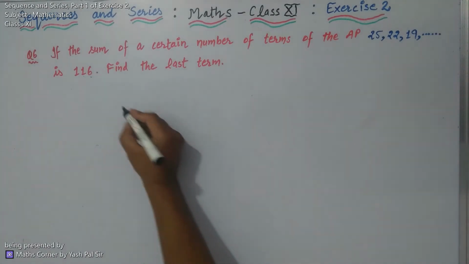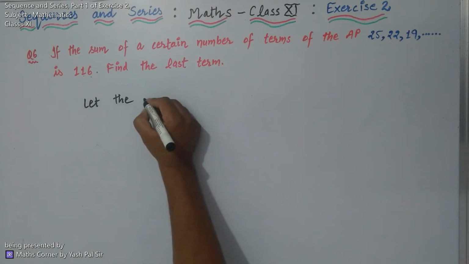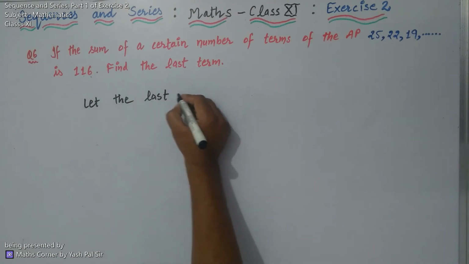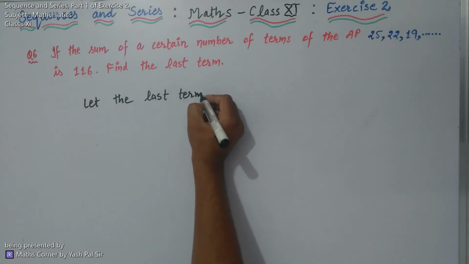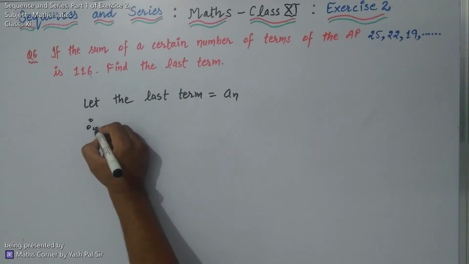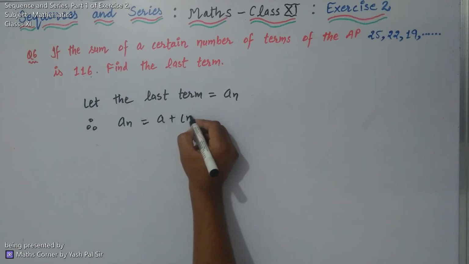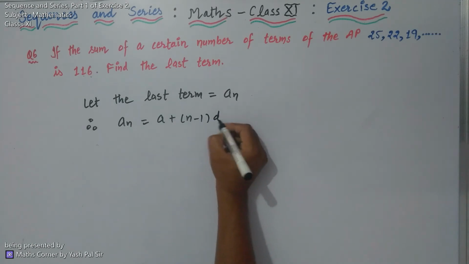So let the last term be equal to an. Therefore, an is equal to a plus n minus 1 into d.